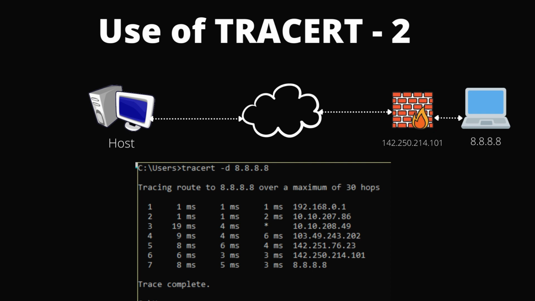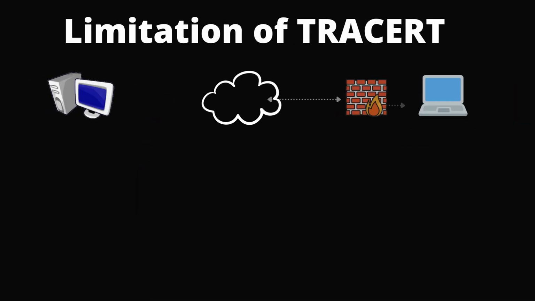This traffic will not be able to cross the firewall, and the last hop shown will be 142.250.214.101. Once I get that IP in my tracert output path, I can ask that particular owner why it is not moving forward. So this is one troubleshooting use case.